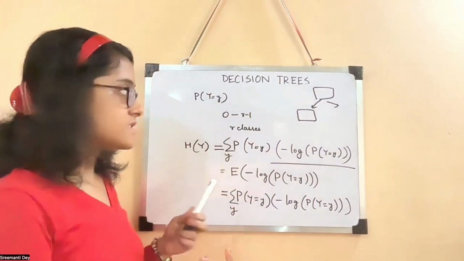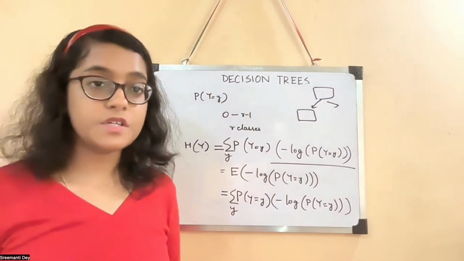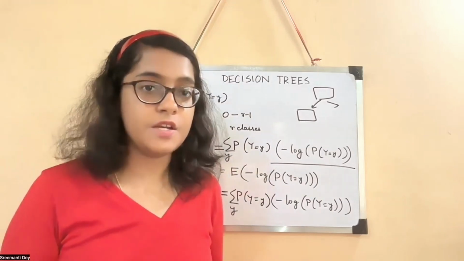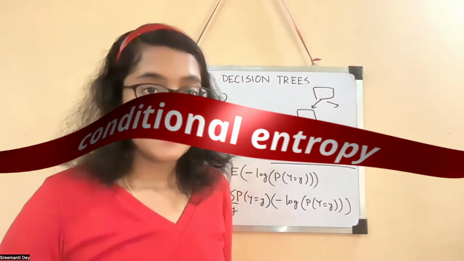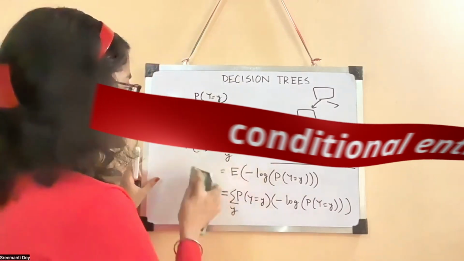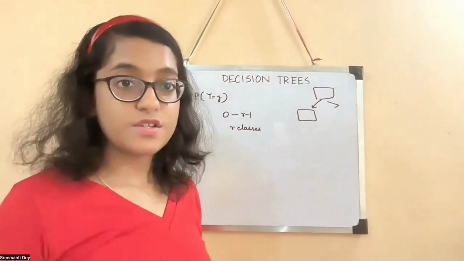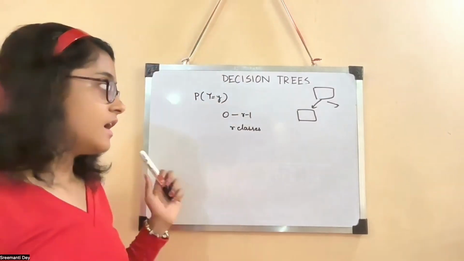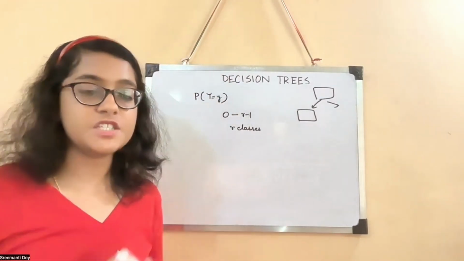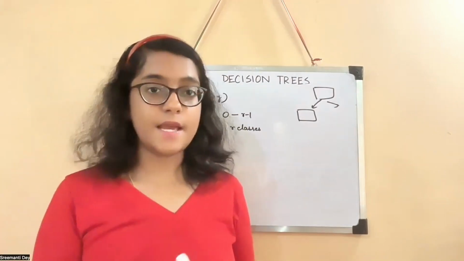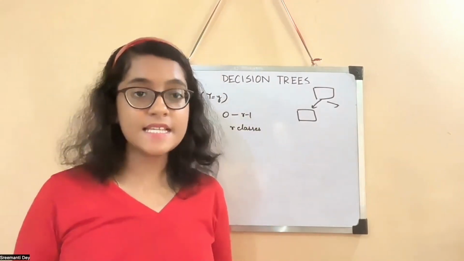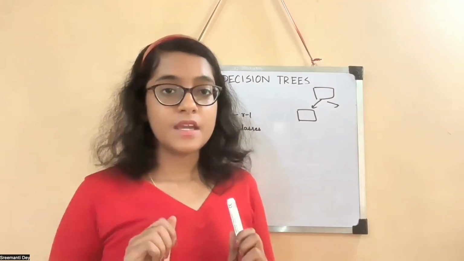But this has no x, that is no feature, so we don't know how to do this. So now comes in the conditional entropy based on the feature. It's getting interesting, right? So now comes the conditional entropy based on x, which we'll use to determine the feature that we are going to use to split at each step, so that we get a tree that has the least entropy and is the most stable.